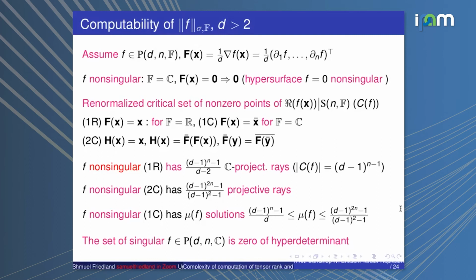Now, if I want to find the spectral norm of F, of the corresponding S, I need to look at the critical points of f(x), or real f(x) if you want to do it over the reals, on the unit sphere. Okay, so the claim is as follows: if we renormalize this critical set, in the real case it's equivalent to the fixed points of the gradient of f(x) equals x.